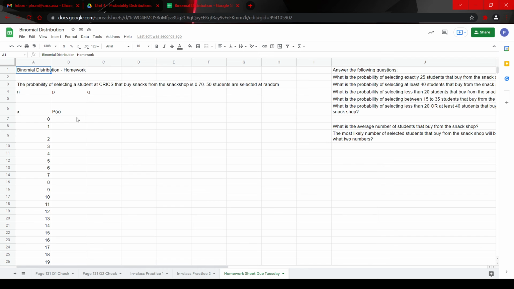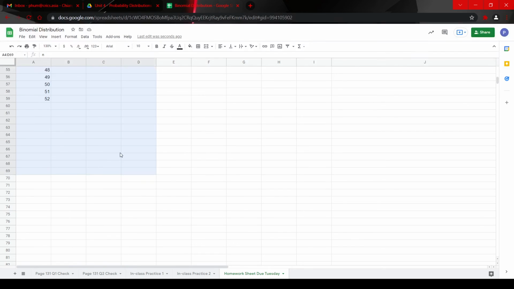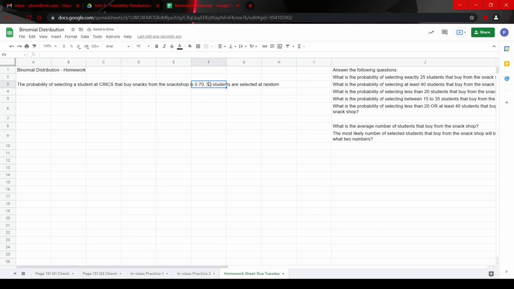Remember that your homework is this one. Again, as I was showing in class, in this case, N is equal to 50, right? There are 50 students. For your random variables, you could type in one, starting from 0, 1, 2, 3, 4, all the way to 50.